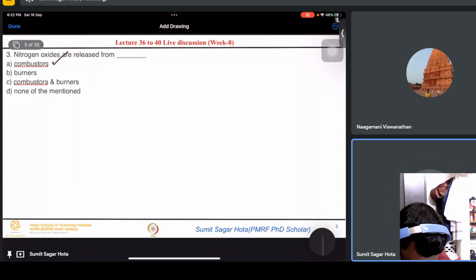But if you choose option A, it will be wrong, because there are also different kinds of burners, Bunsen burner and many kinds of burners. There also nitrogen oxide, a very harmful gas, is released. So the option is always C, combustor and burners, not only combustor.